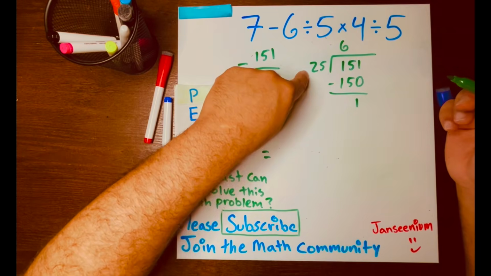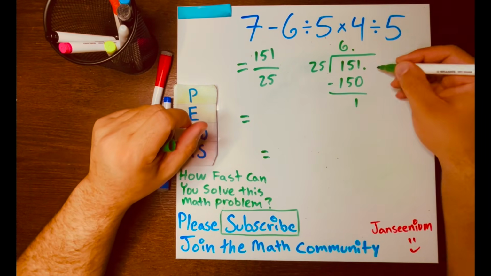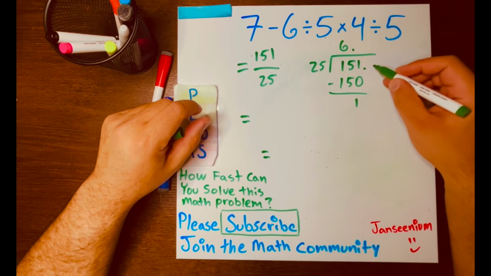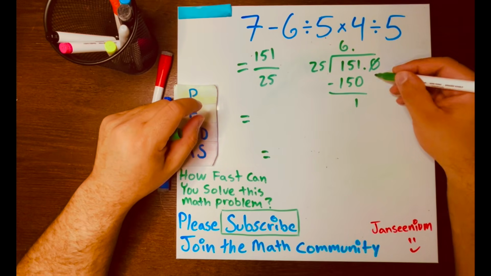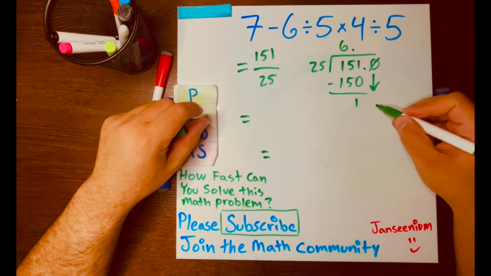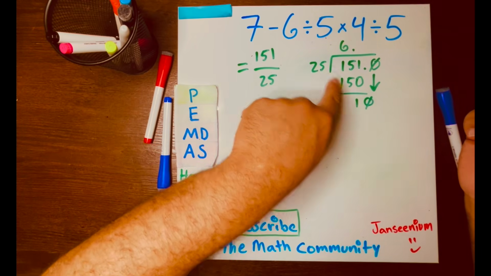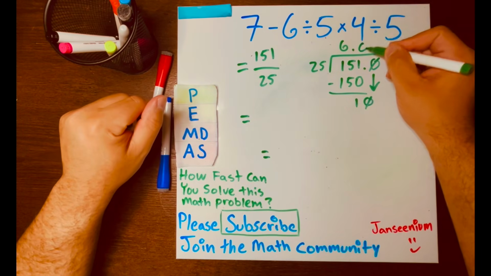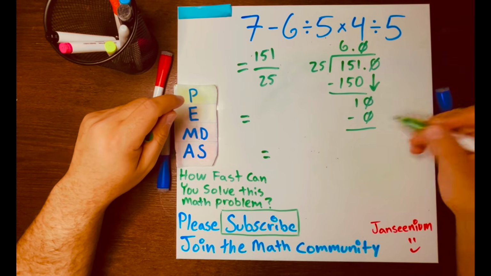Can you fit 25 into 1? No, you cannot. So you add a decimal after the 6 and write a 0 after the decimal after the 151. Drop it, give it to the 1. The 1 becomes 10. Still cannot fit 25 into 10, so that's 0. 0 times 25, that's easy, 0.